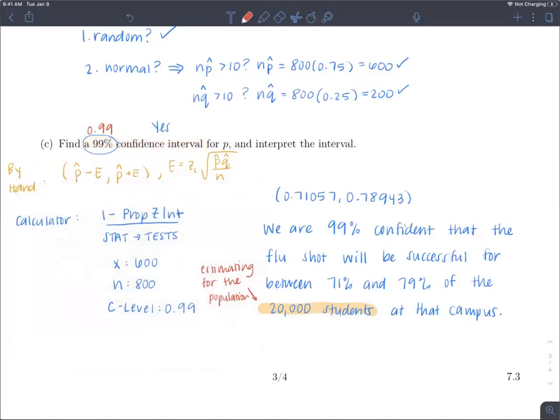If I didn't specifically ask you to use the margin of error, you can just do it the calculator way, which is just 1-PropZInt, right? And so you don't always have to use the margin of error. Any other questions?